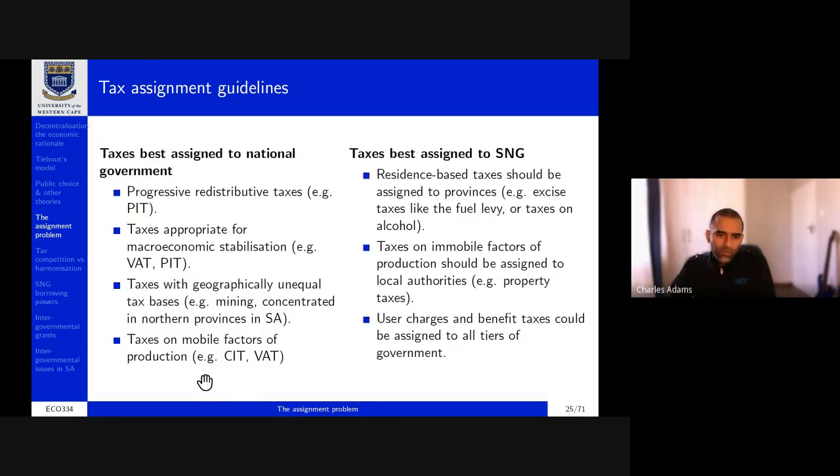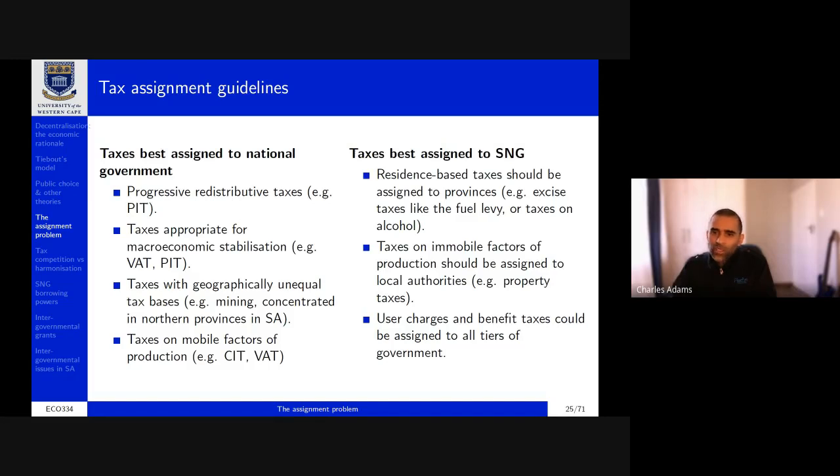Now, of course, we've decided on VAT, and VAT is generally considered in public economics to be more efficient than a sales tax for this reason. But some countries still implement sales taxes, right? And then you observe tax competition, etc. In the US, for example, you have a sales tax, and there are significant differences across states with respect to the sales taxes.